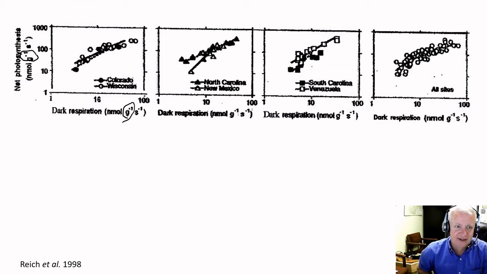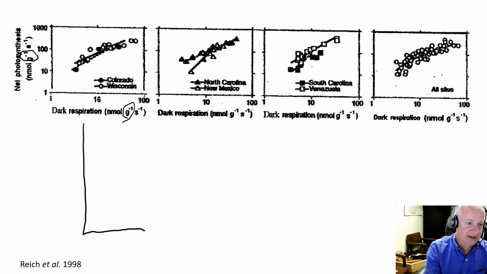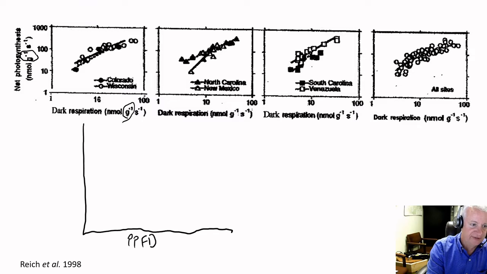I'd like to express this relationship in the form of the light response curve, just to tie this into some other things we've talked about. So if you look at the light response curve of net photosynthesis, where this is PPFD, which is photosynthetic photon flux density, that's in micromoles per meter squared per second, and this might go from 0 to around 2000.